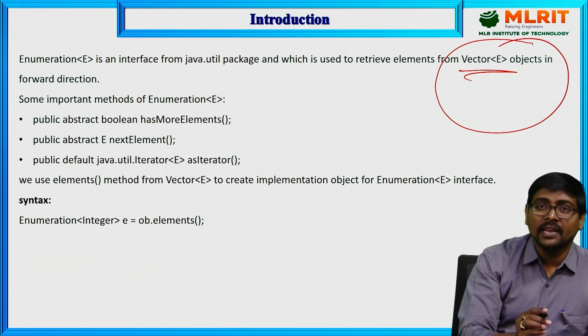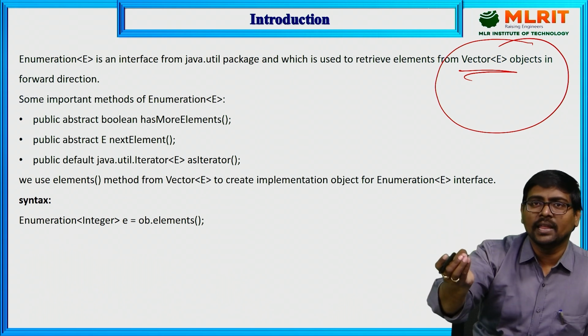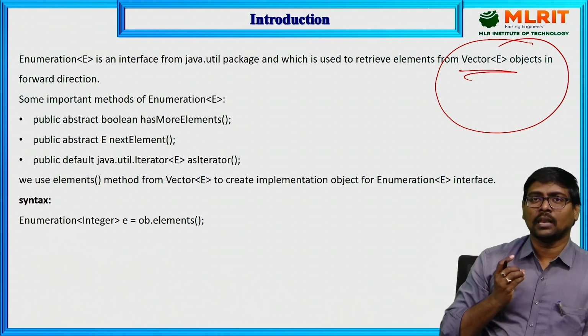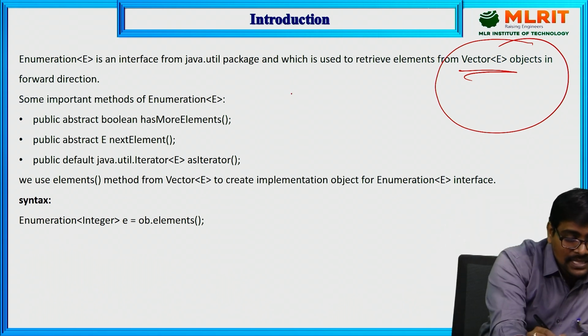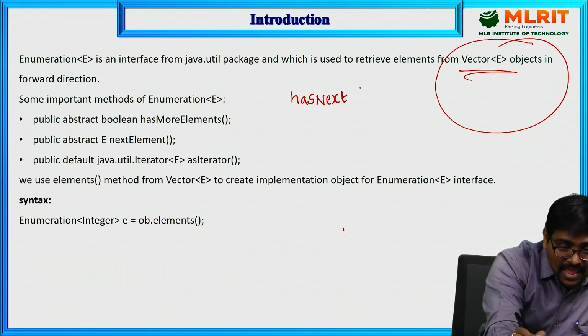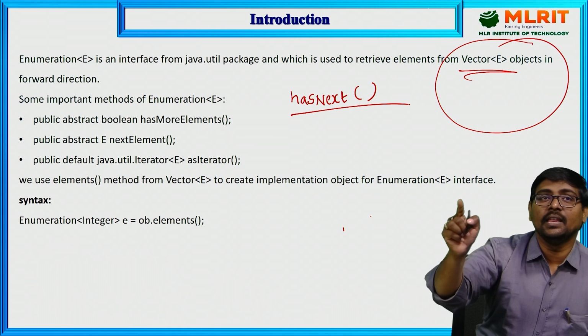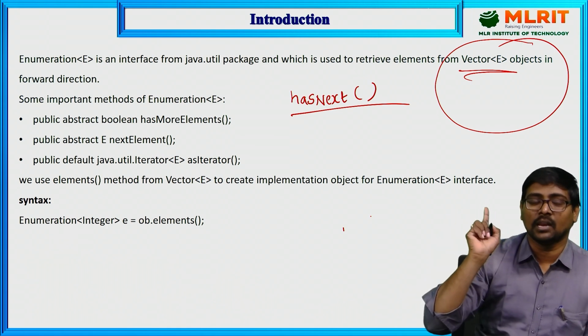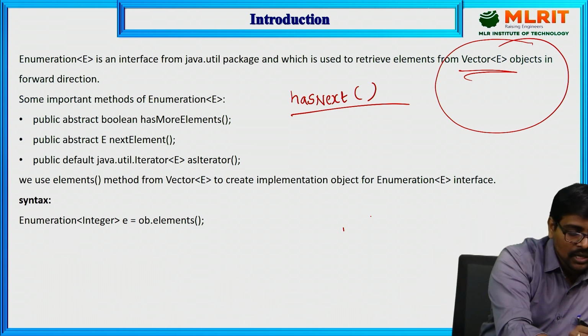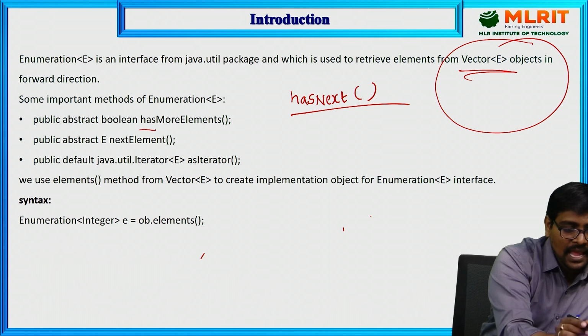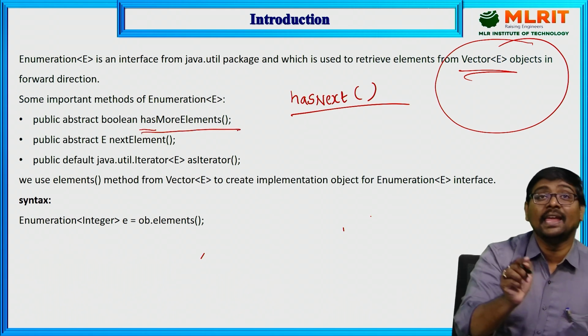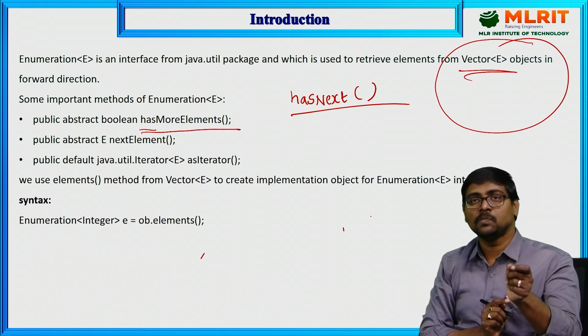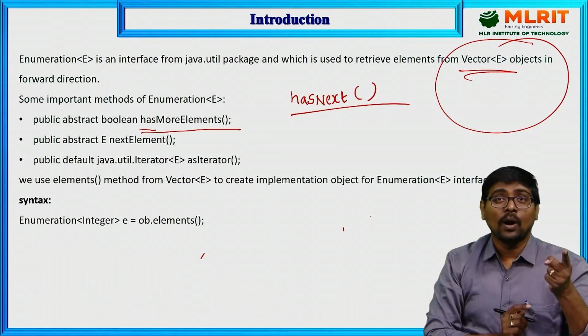In iterator, to check whether a next element is available or not, what is the method you are using? The method name is hasNext. In enumeration, the method name is hasMoreElements. Now, what is the output?